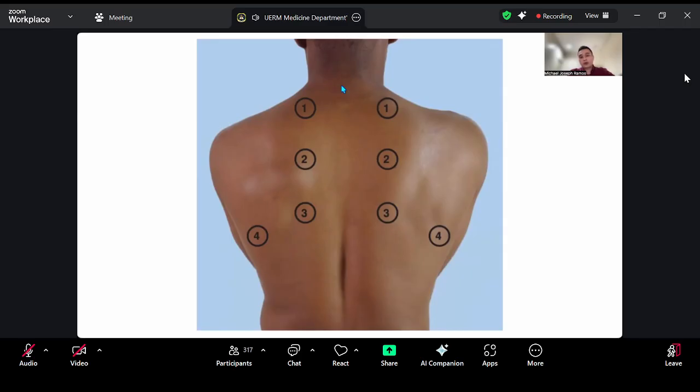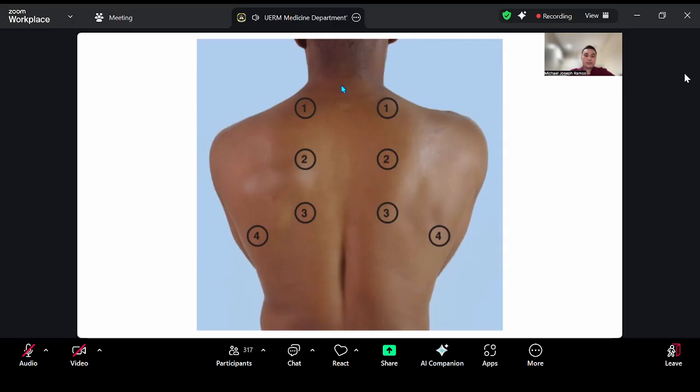You use the ball or ulnar surface of your hands to feel for the fremitus or vibration. And you compare simultaneously the left and right on a step ladder approach, starting from the first area, going down to the fourth area.